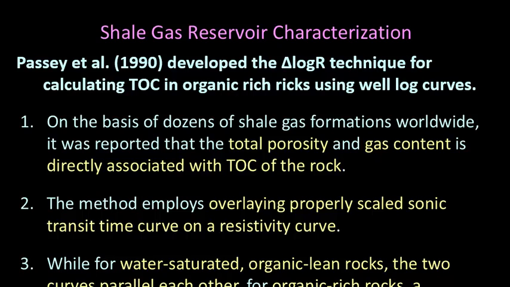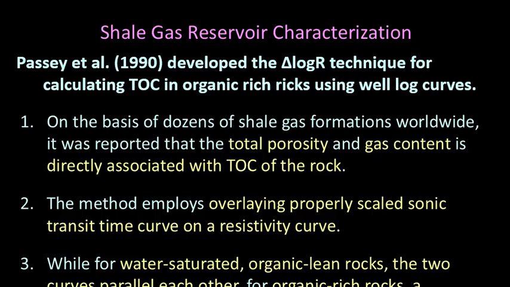And so this method essentially uses the log curves, the resistivity and the sonic log curves, and by overlaying the sonic transit time curve on the resistivity curve, you can make them overlay in such a way that they line up in places where you don't have any organic content, but they will cross over where you have some kind of TOC content.